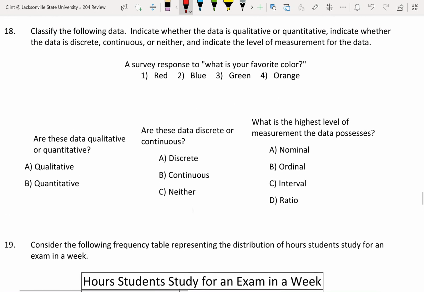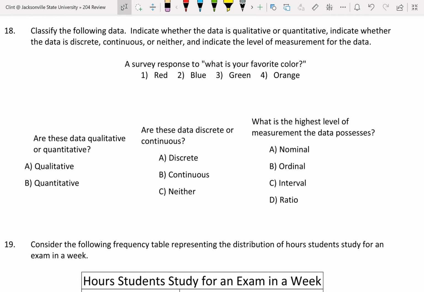On this one, same thing, we're classifying. We got a survey response to the question, what is your favorite color? Red, blue, green, or orange. Don't let the numbers throw you off. That's not what the data is going to look like. The data is the names of the colors. So is this qualitative or quantitative? This one's qualitative. We just got labels.